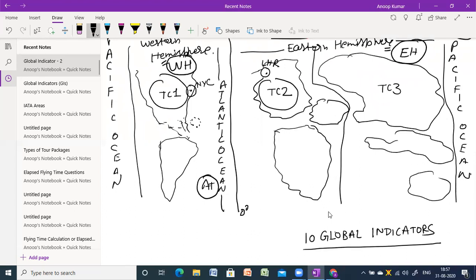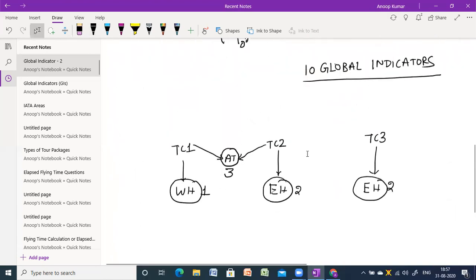So from New York to London, he will cross the Pacific Ocean and he will come out here and reach London. So he can also take this route. In that case, he is crossing the Pacific Ocean, and the other global indicator will be PA. So PA is our fourth global indicator.